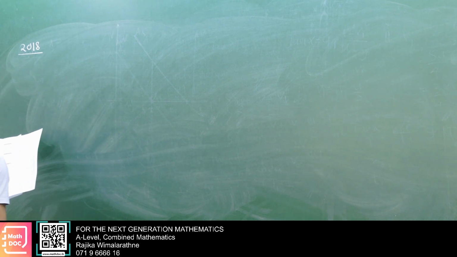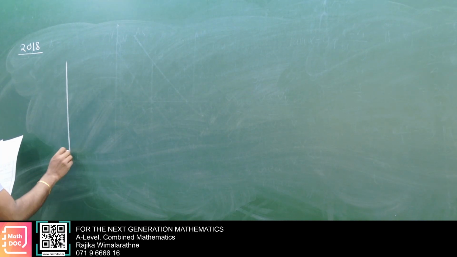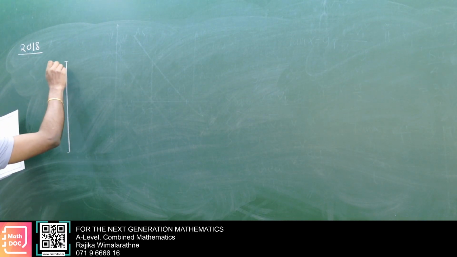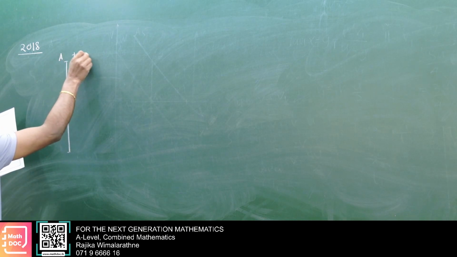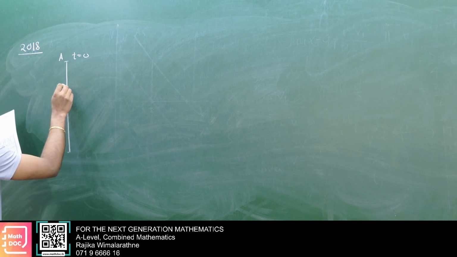So, a lift moving in a mine pit of depth 4d meters. At t equals 0, position. First, acceleration g over 2 for d distance.